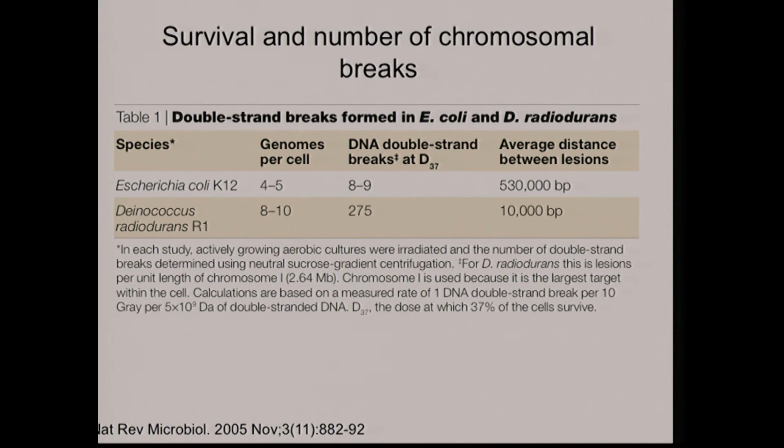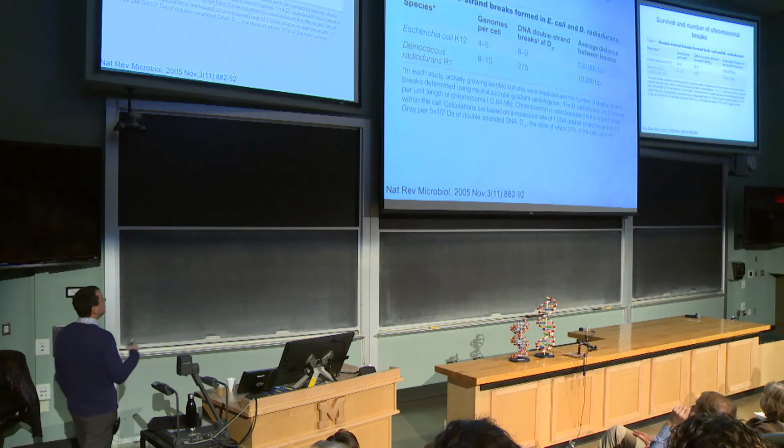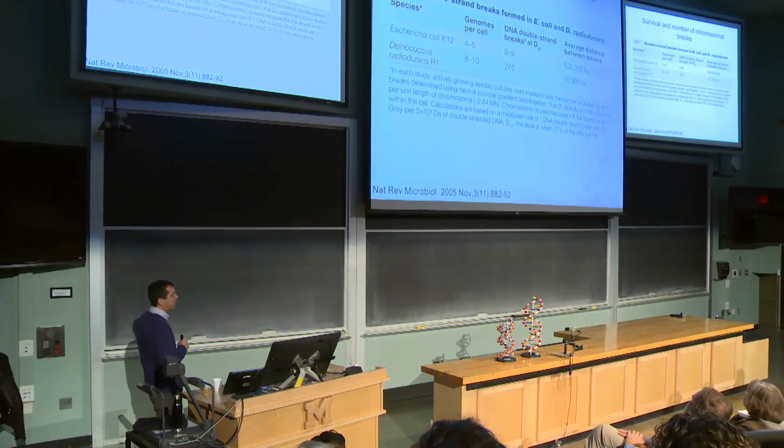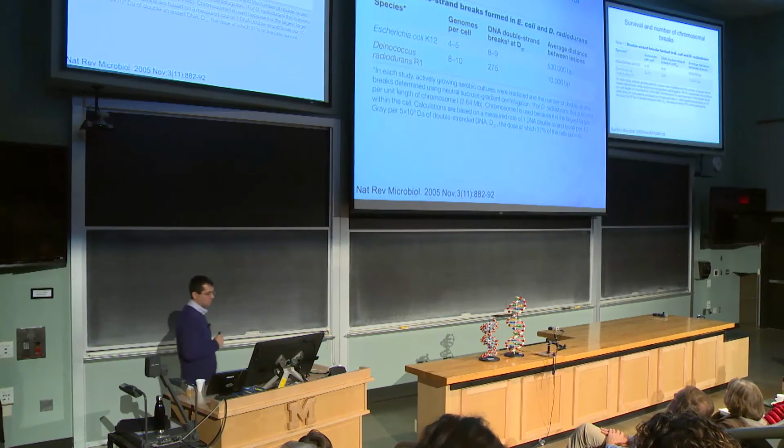You would get about 8 to 9 breaks in a chromosome, and at that level of chromosomal breakage due to the ionizing radiation, only 37% of those cells would survive. For Deinococcus, its 37% survival is at about 275 breaks per chromosome. So again, it's able to repair these breaks very well.